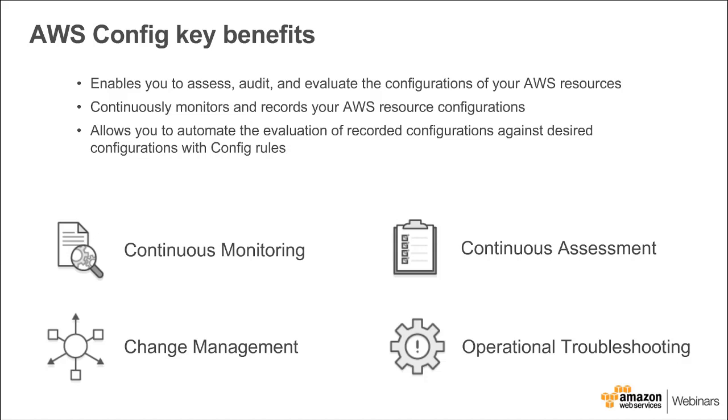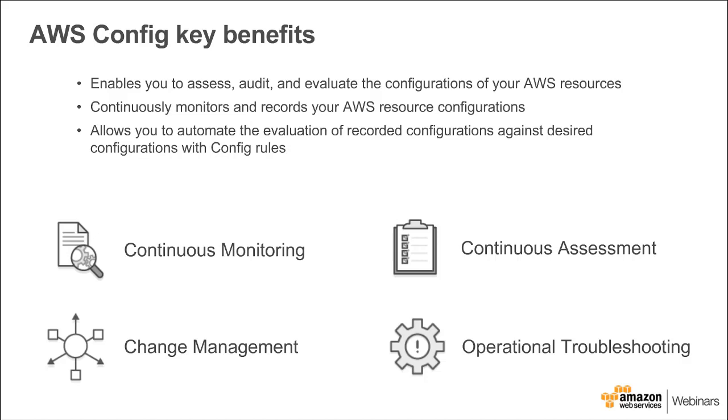Some of the key benefits of AWS Config include continuous monitoring and continuous assessment. The key word here is continuous, and it's important in the cloud world to have continuous capabilities. The reason is you've got a number of developers today that have access to APIs, and you can basically spin up infrastructure at the click of a button.